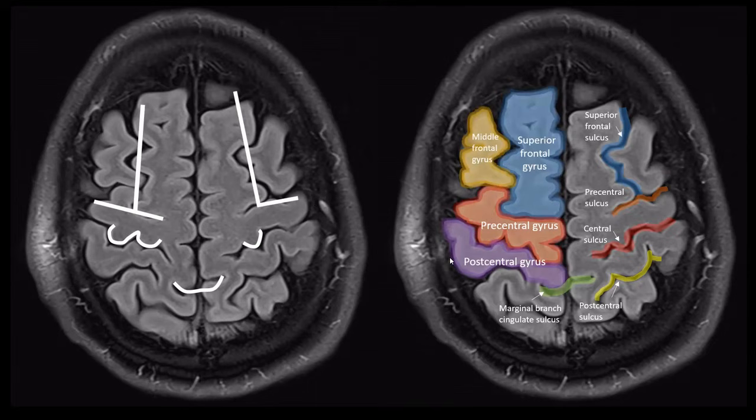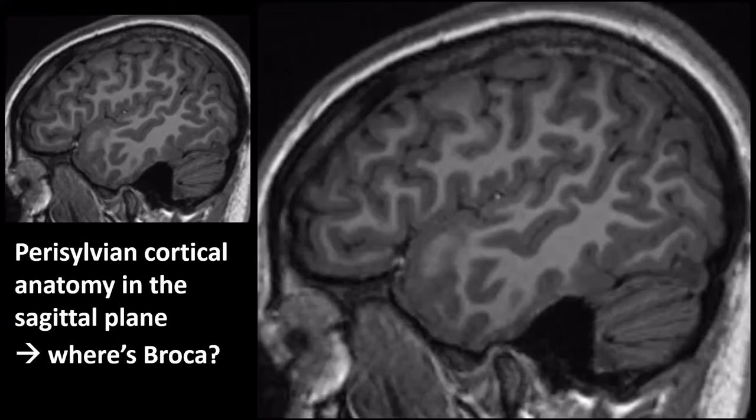Anteriorly, we have the superior and middle frontal gyrus. And the only mistake I made here, or well, mistake, not really correct, is this is the paracentral lobule. So, of course, the paracentral lobule is basically the continuation of the pre and postcentral gyrus, as you know by now.